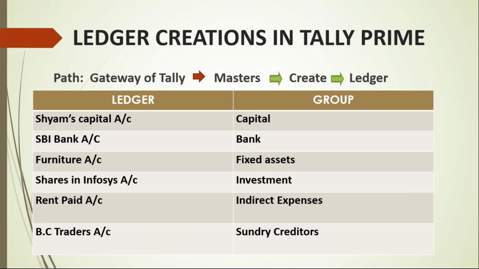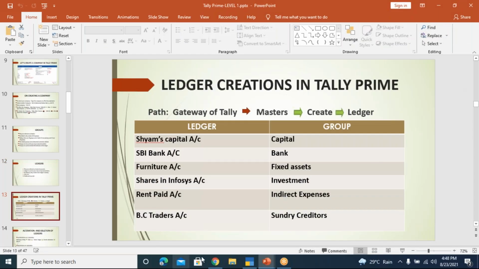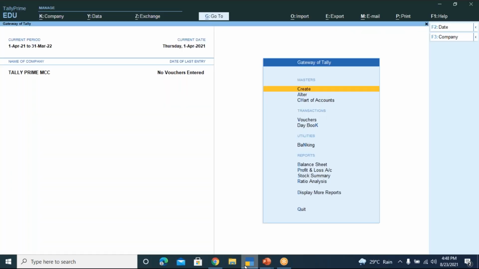So let's start the creation of ledgers in Tally Prime. Please double click on the Tally Prime software. I hope all of you are in the gateway of Tally screen, the Tally main screen, before we start creating the ledgers.